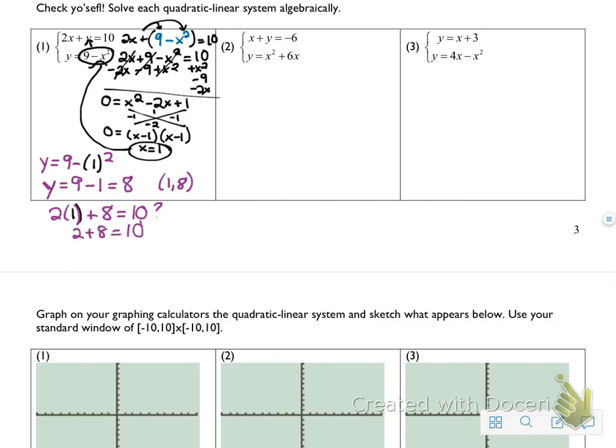So when we graph it, like it tells us to do here at the bottom, we end up with this interesting picture, right? And you can graph this in your calculator, that's perfectly fine. But we end up with this kind of picture. And then the other equation is that line. So it does go through 1, 8.